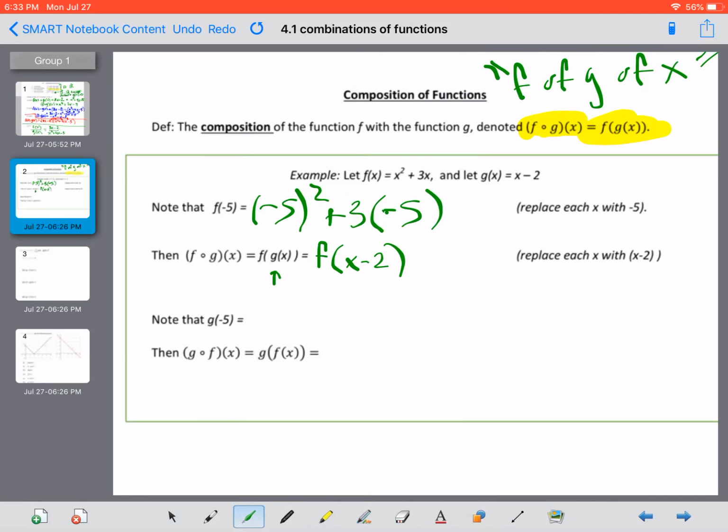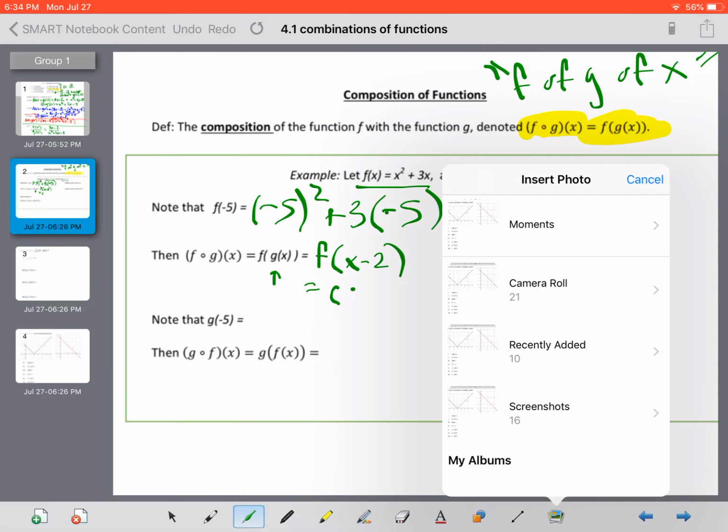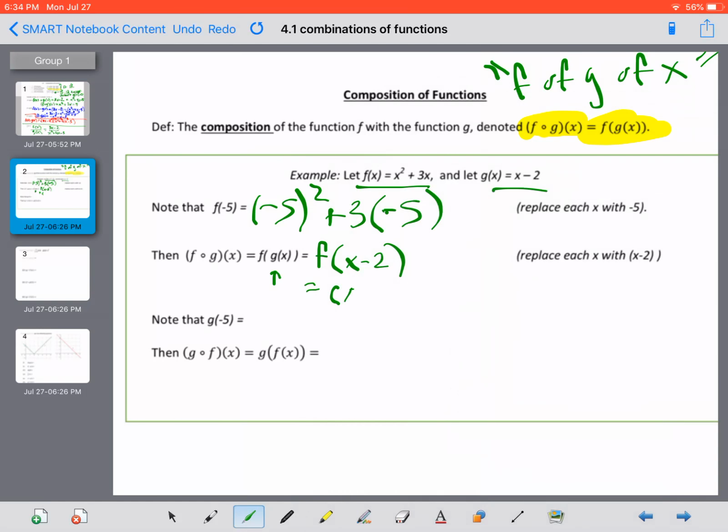So I'm going to replace every instance of x up here with x minus 2, because g of x is equal to x minus 2. So that's going to give me x minus 2 squared plus 3 times x minus 2. That's what your f of g of x is going to be equal to.